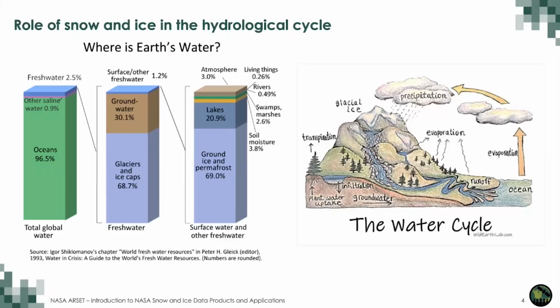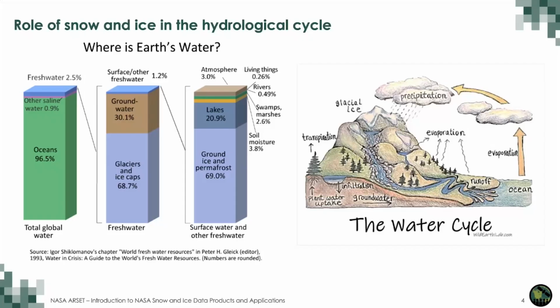We also have snow that, as you can see in the water cycle diagram, falls from precipitation in high latitude and high mountain regions. And that's about 3,000 gigatons at maximum. Generally, for the Northern Hemisphere, that's in March.